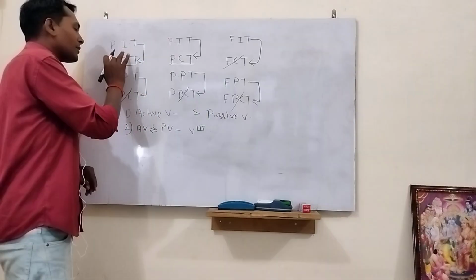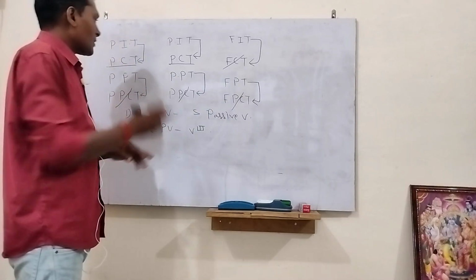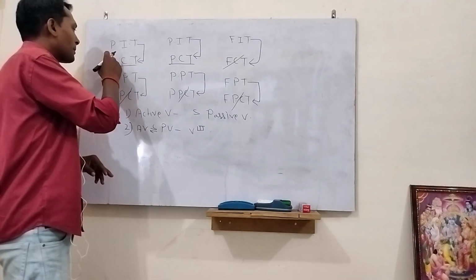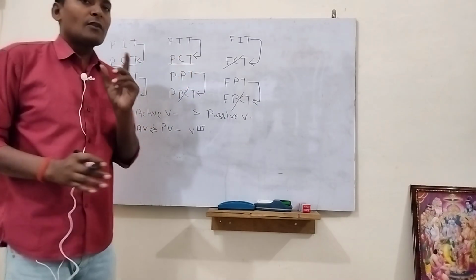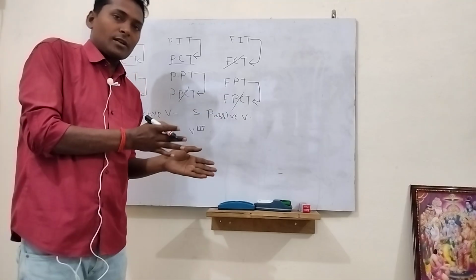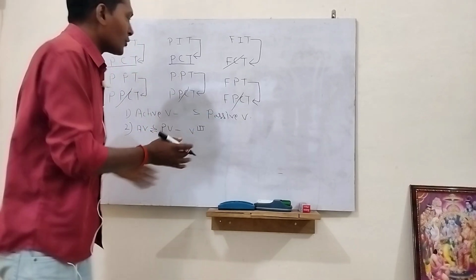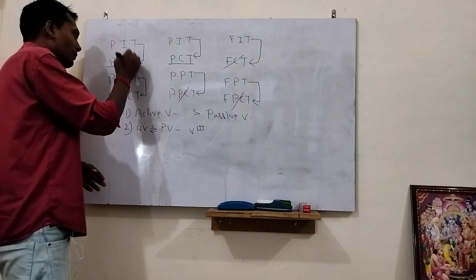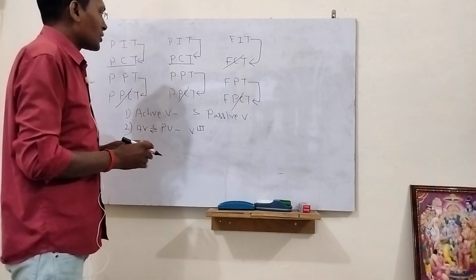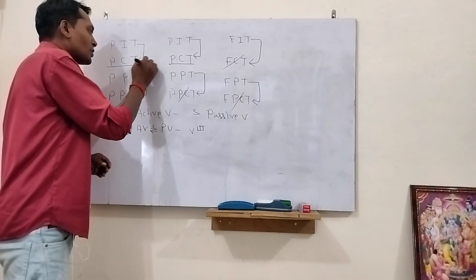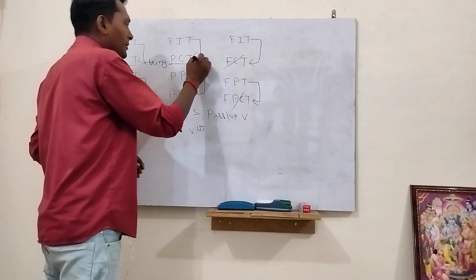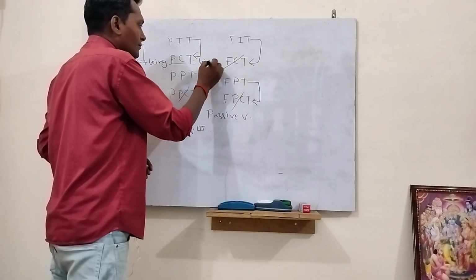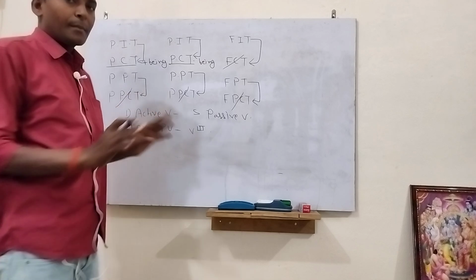So when you convert active voice to passive voice for these two tenses, present continuous tense and past continuous tense, the helping verb will be used for themselves only. उन्हीं की helping verb use करना है. But we have to use being and being, right? In a simple way.